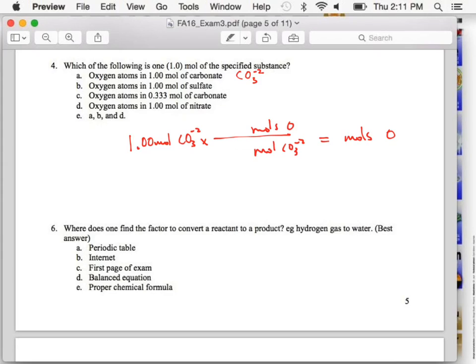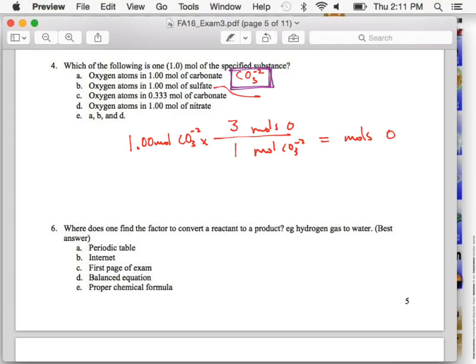What's the conversion? 3 moles, 1 mole. Is answer A true? No. Where did I get the 3 from? Someone want to help out? It comes from your formula of carbonate. It's not obvious. It takes practice to recognize where they are. Okay. So A is now wrong because there's 3 moles of oxygen, not 1.